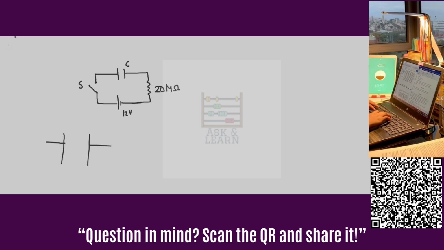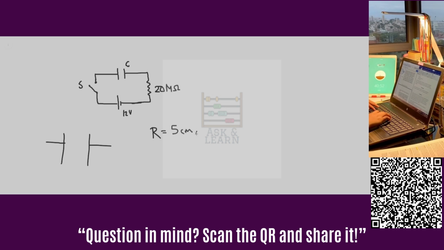So let's start noting down certain things. We'll draw the parallel plate capacitor. Imagine these are the plates of the capacitor, and these are the two leads. The radius is 5 centimeters, so capital R is 5 centimeters.